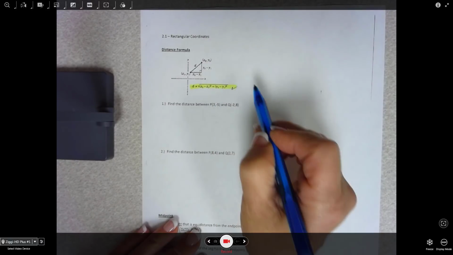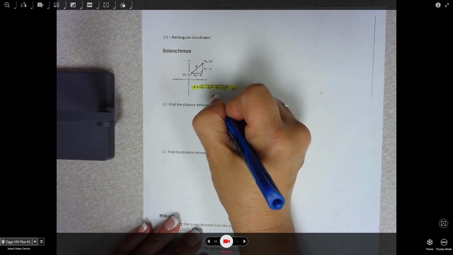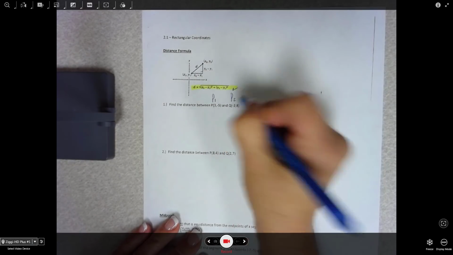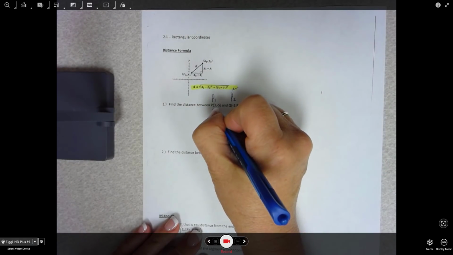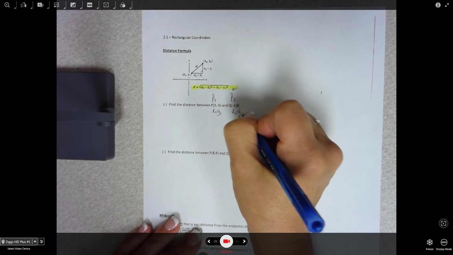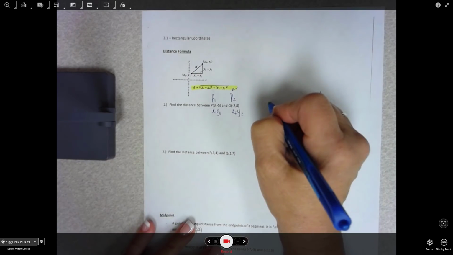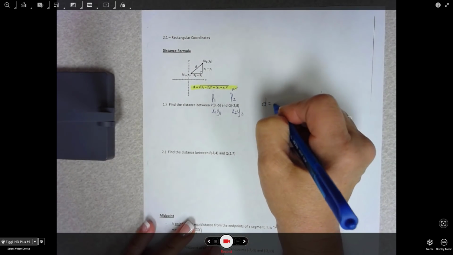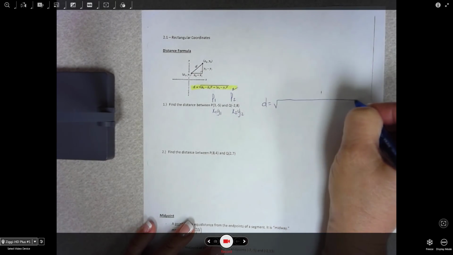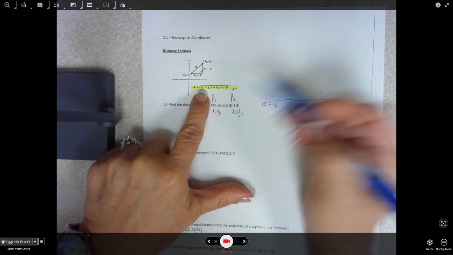So we have the distance formula. Find the distance between point 1 and point 2. So we can name point 1 and point 2. You don't have to assign that and write it down. Sometimes it's just a little bit easier, so you don't have to think about it. x2 minus x1.